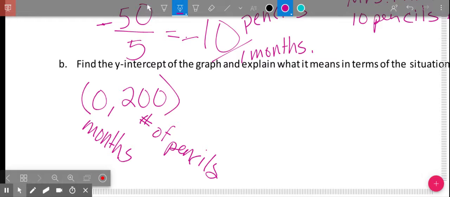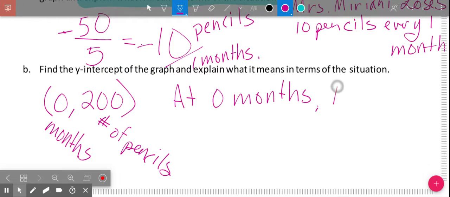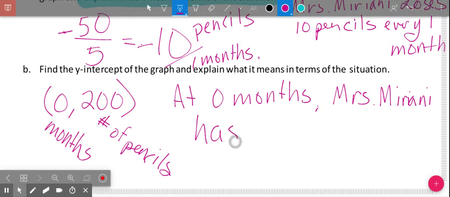Okay, so we can say at 0 months, Mrs. Mariani, that's me. Oops. Maybe if I can spell it. Has 200 pencils.